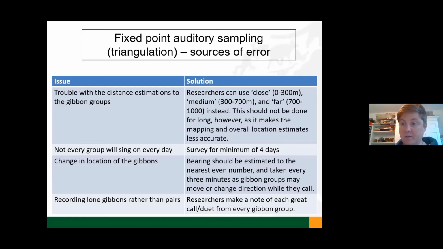So there is a survey flaw, the error in there. Gibbons may change position as they sing in the same day, but that's why we take data every 3 minutes. Another source of error is collecting data on gibbons that are not in a mated pair, which may sing, but they're not making a duet. This can potentially cause an overestimation of the numbers.